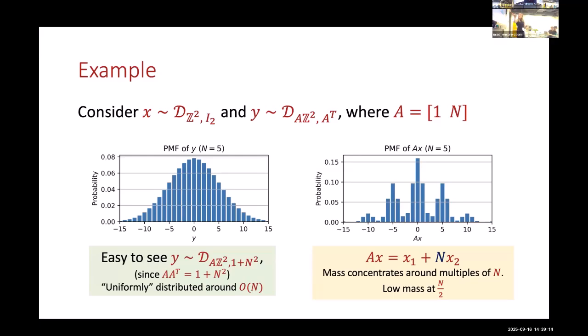And we get this plot for x1, x2 sampled from the discrete Gaussian. If I sample Y directly from the discrete Gaussian distribution on the support A times Z squared, which will have a covariance 1 plus n squared, then we get this very nice bell shape where the mass is uniformly distributed around O of n. While here we had these strange spikes that really upweighted the second coordinate. So in this case, it's a bad example. We have a very large total variation distance between AX and Y in large parts of the PMF.